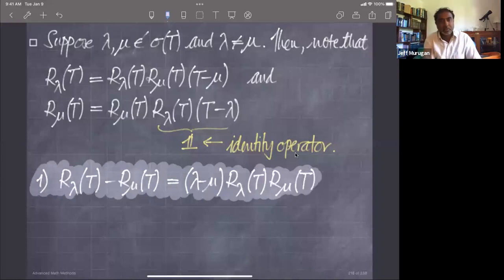The second property follows from the fact that if we differentiate a resolvent operator, we can relate it to a product of resolvent operators as well. So the second property follows from the following observation. Note the following.